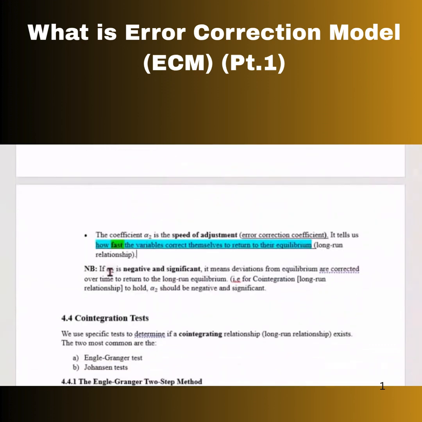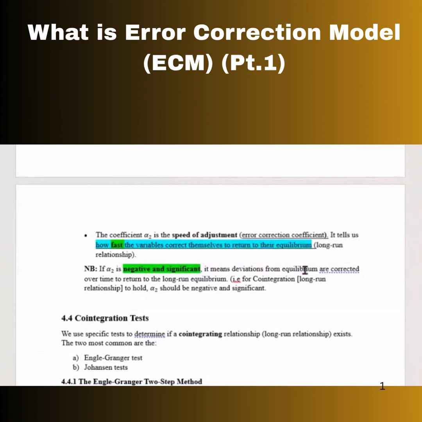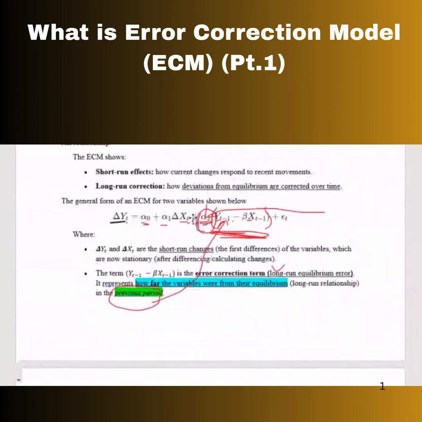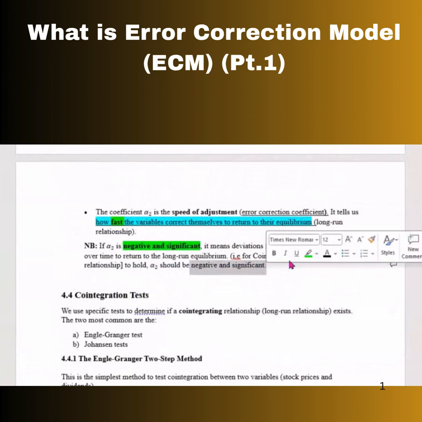Note that this alpha 2 is negative. If alpha 2 is negative and significant, it means deviations from the equilibrium are corrected over time to return to the long-run equilibrium. That is, for cointegration to hold, for there to be a long-run relationship, this coefficient must be negative and significant.